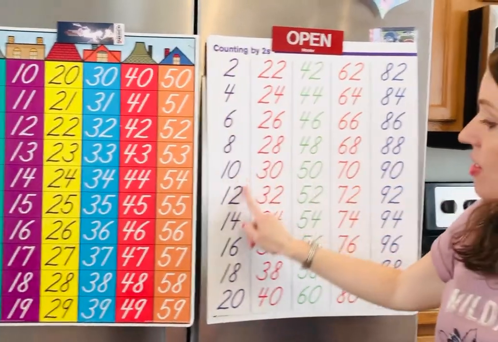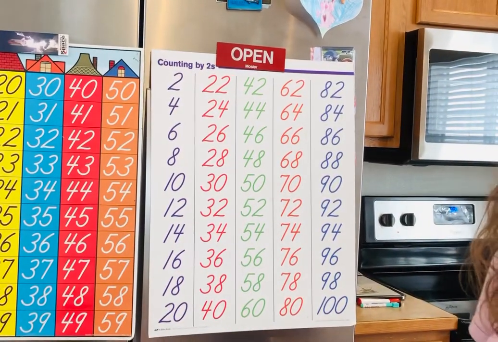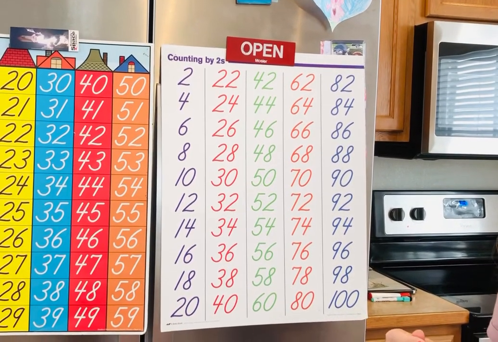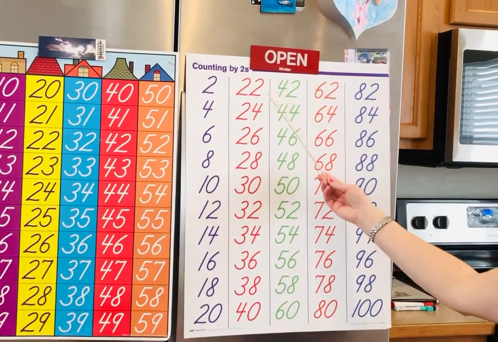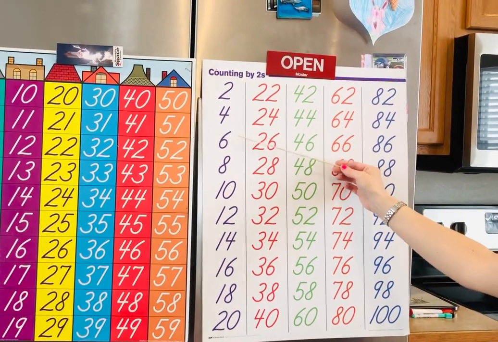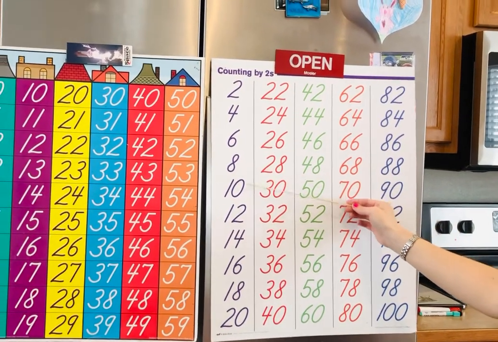So let's look at our chart today following the 2, 4, 6, 8 pattern. This is something that you'll just have to kind of memorize using the chart to help you. 2, 4, 6, 8, 10.